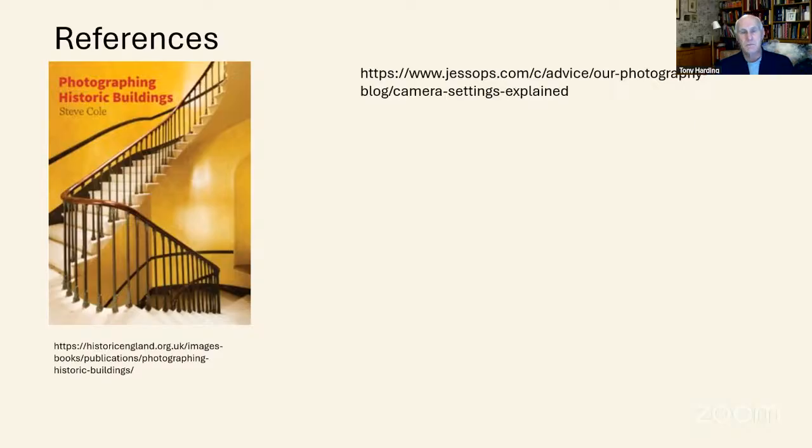There's also, if you want some material about basic camera types and camera settings, a whole host of this. I just picked out one from Jessop's, who you may remember as a camera retailer. They're mainly online now, but they've got some very good crib sheets, cheat sheets they call them, with information about camera settings.